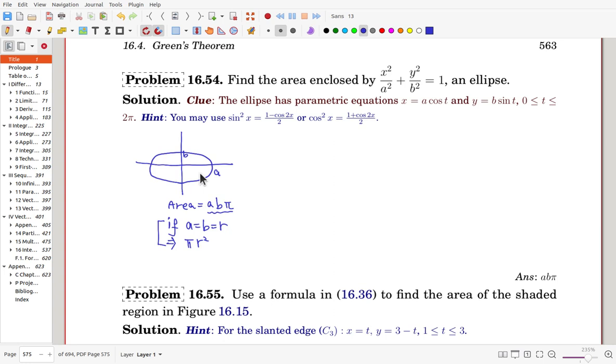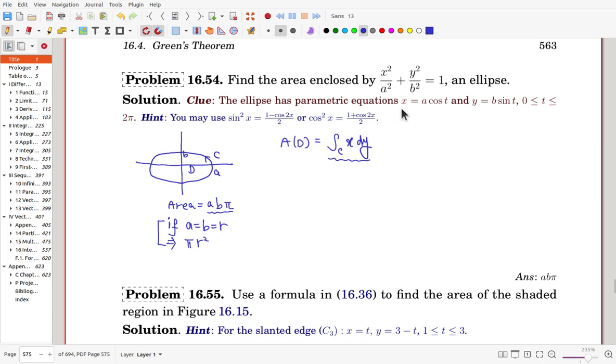Now we'll try to compute this by using Green's theorem. So the area of D, of course, inside this is D, is the same as the integral over C of x dy, right? Now to get the integral, we have to parameterize the ellipse.